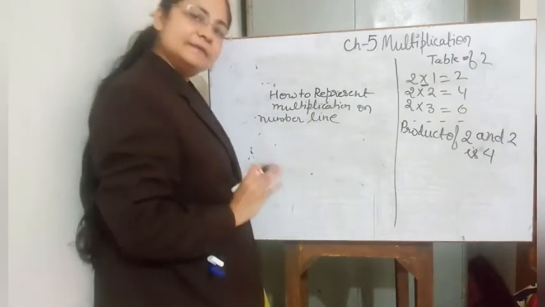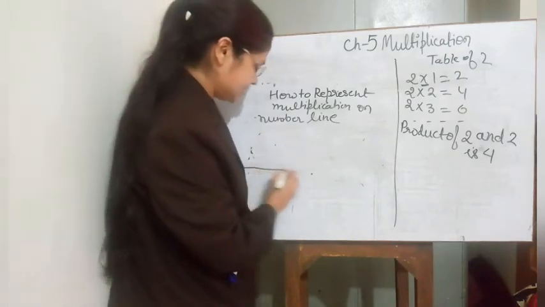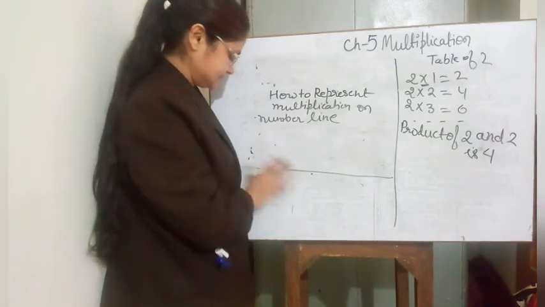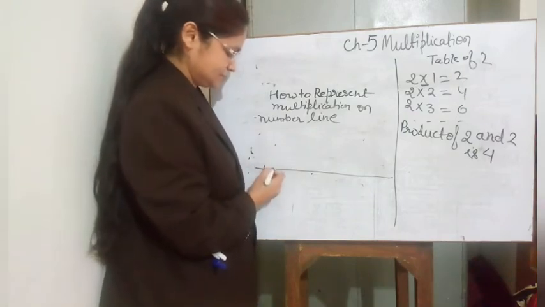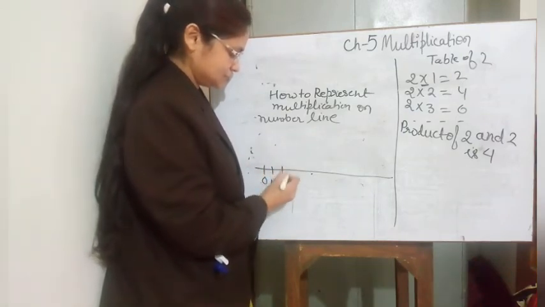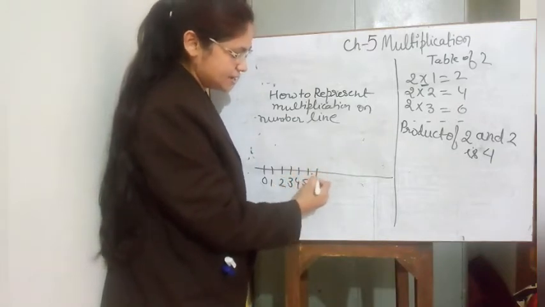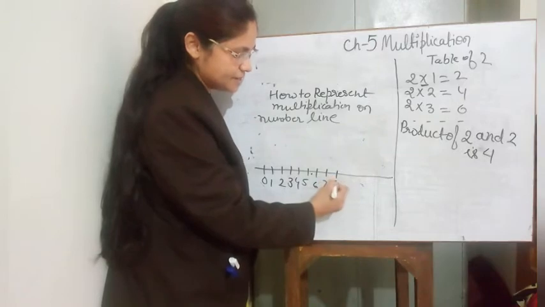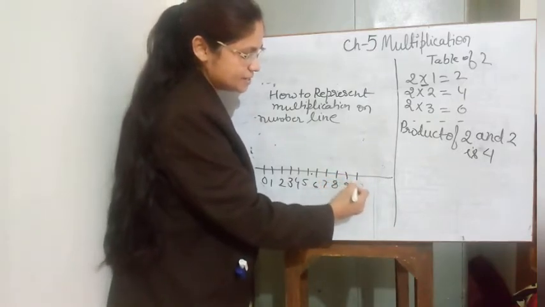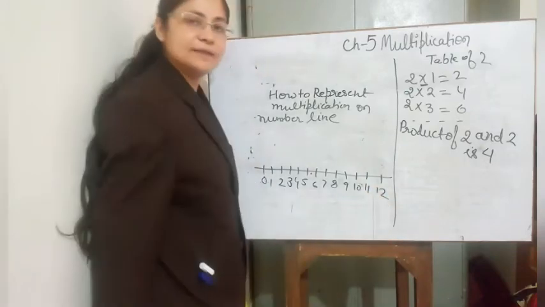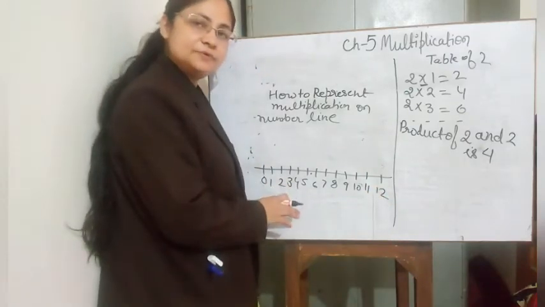Okay, number line, let us draw a line. From here I can start: 0, 1, 2, 3, 4, 5, 6, 7, 8, 9, 10, 11, 12. Okay, I have written up to here.